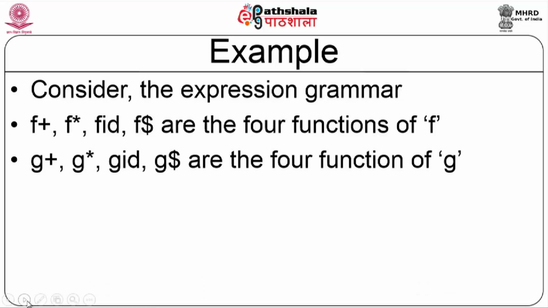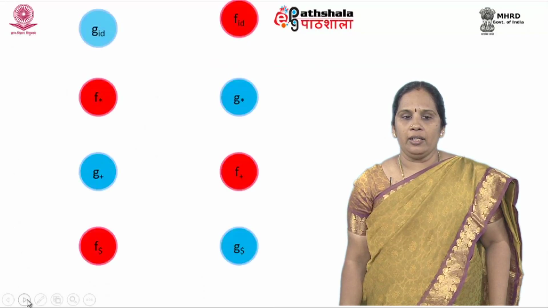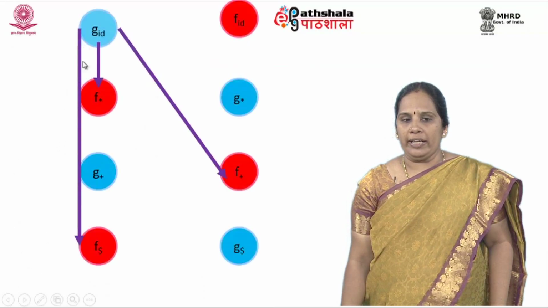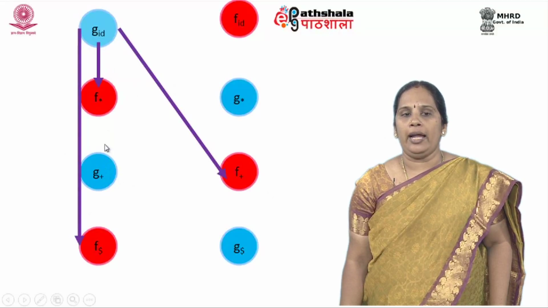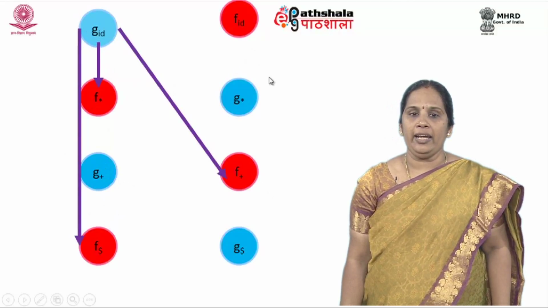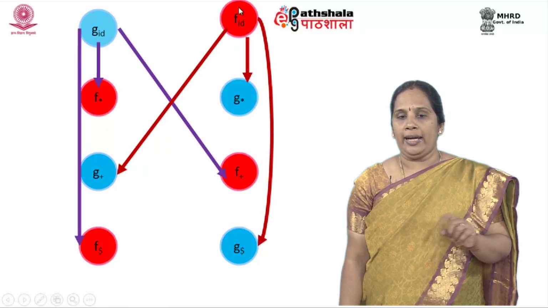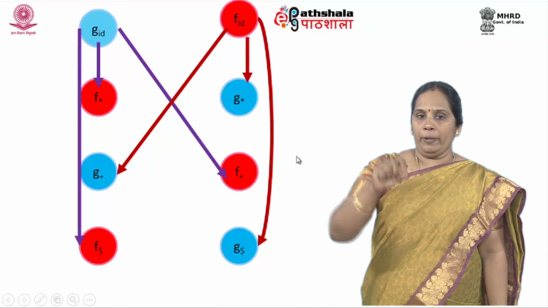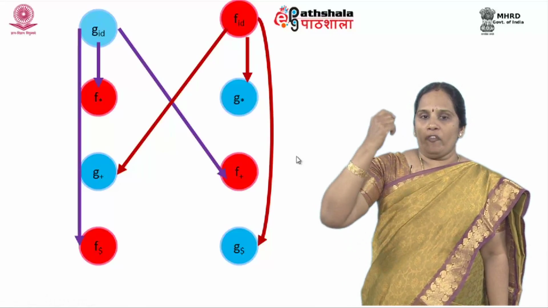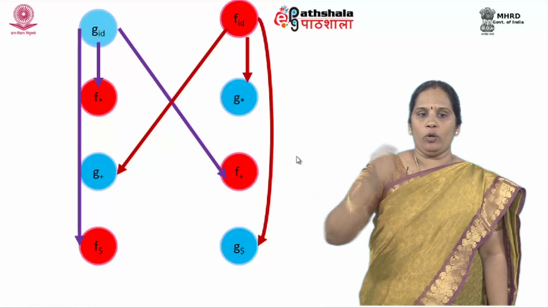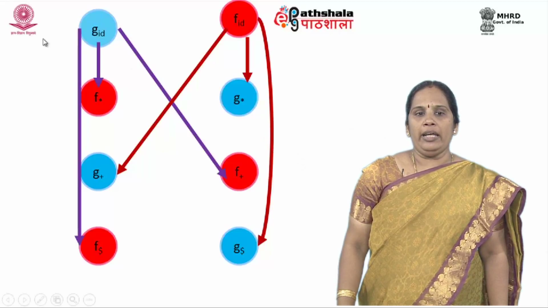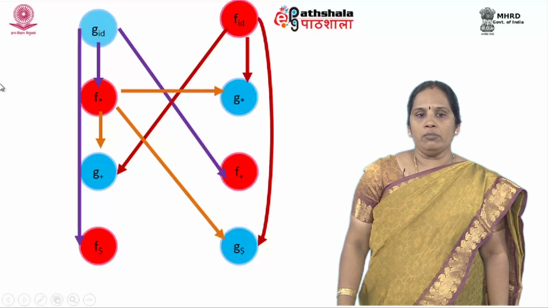So these 4 functions. id has got greater than relationship than plus, star and dollar. So id is here. So from id I have an edge to plus, star and dollar. Similarly, f id is there. I have an edge from id to plus, star and dollar. So whichever operator has got higher precedence, from there you originate an edge and go to the other symbols. Similarly, I have to consider edges from star.